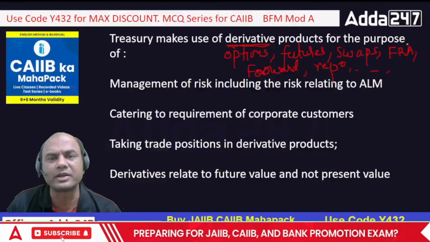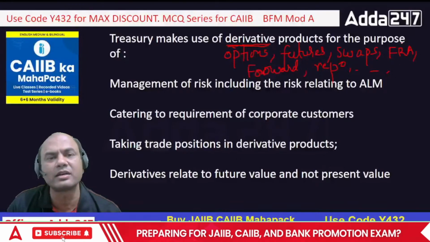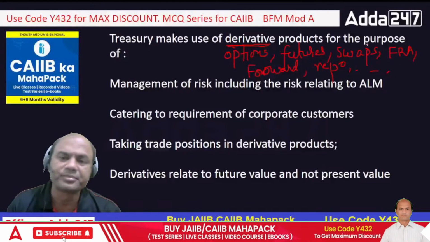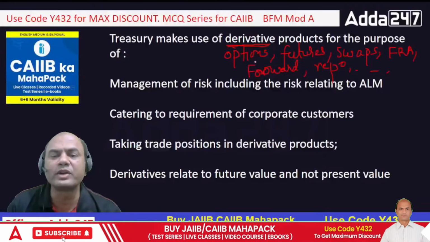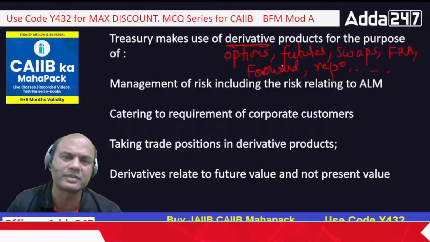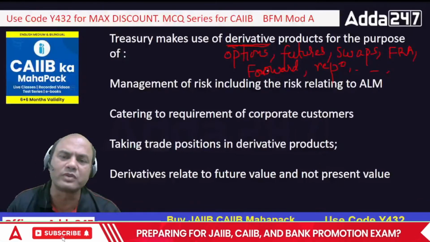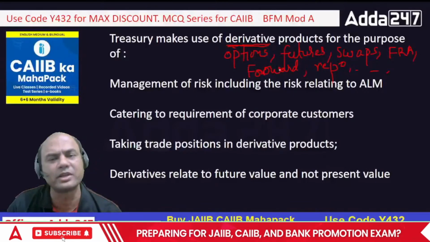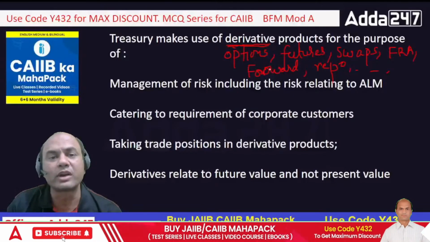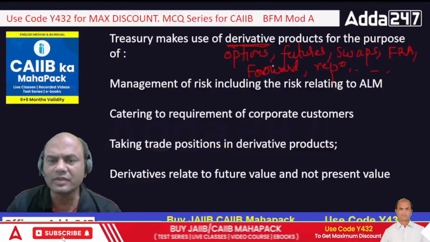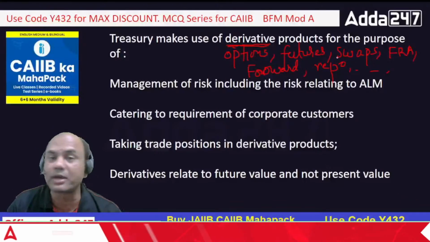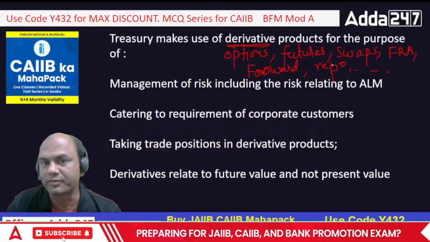FRAs, forward rate agreements: here only interest is exchanged at the end. Forwards we already do in ABM and BFM, forward contracts, right? In JAIIB also many of you might have done those forward rate bookings. Repo you all know, given by RBI, but repo has a different meaning here.